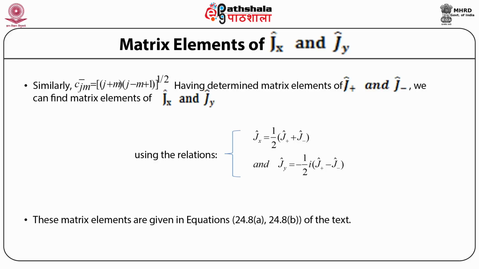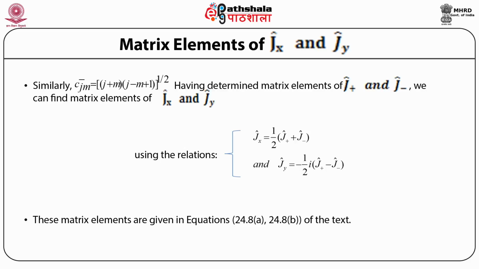Now, having determined the matrix elements of the operators J plus and J minus, we can find the matrix elements of the components of the angular momentum operator J, that is Jx and Jy. Using the relation between Jx and the operators J plus and J minus, we see that the operator Jx, or the x component of the angular momentum operator, is equal to half times operator J plus plus operator J minus.